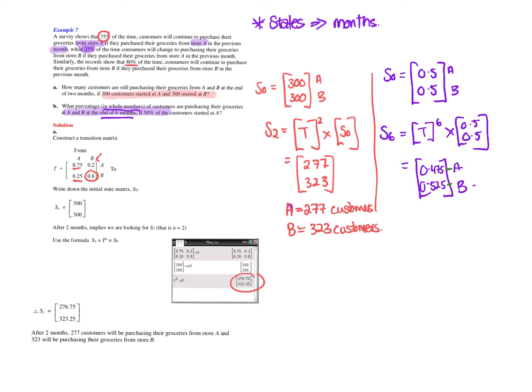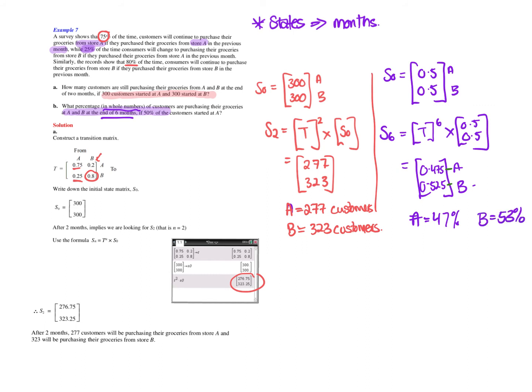So they would accept both options, but you do need to make sure that it adds to 100. So in the end, I'm going to say A equals 47%, and B is 53%.